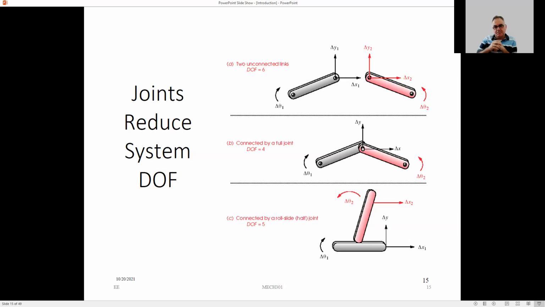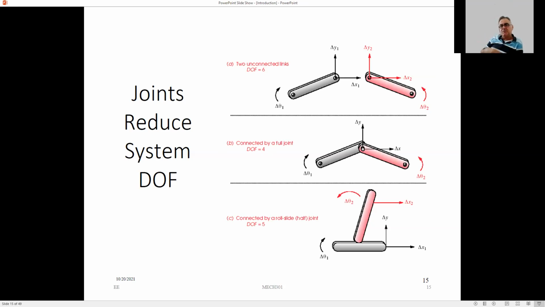First of all, the joints in general reduce the degrees of freedom of links, okay? How is that possible? For example, look at the top picture. You have 2 links there, and how many degrees of freedom do these 2 links have in 2-dimensional space?